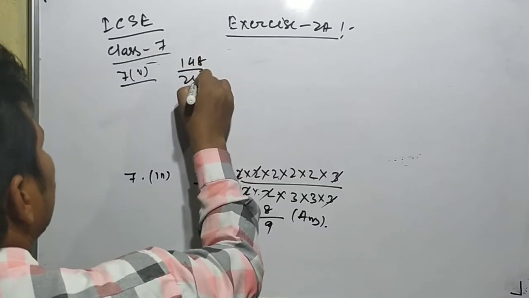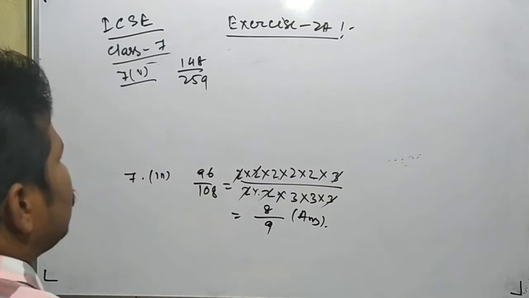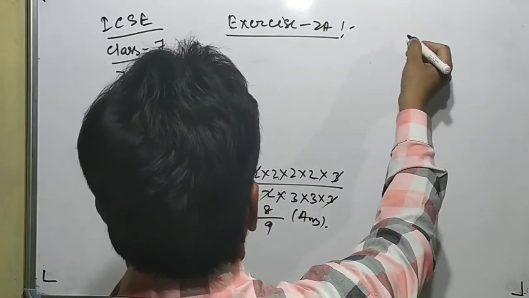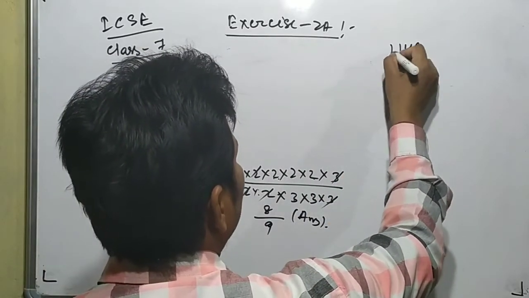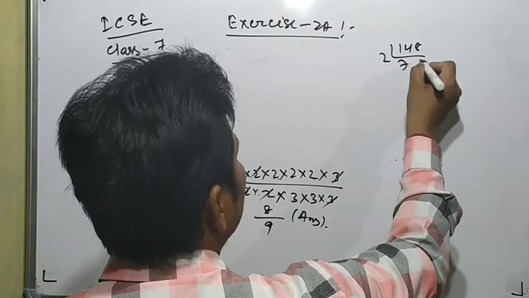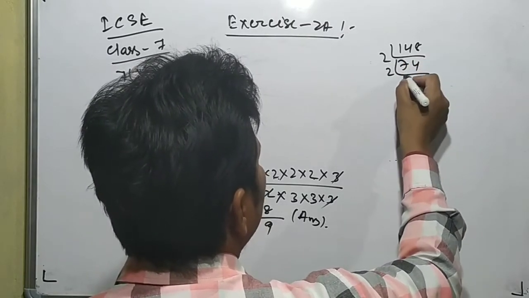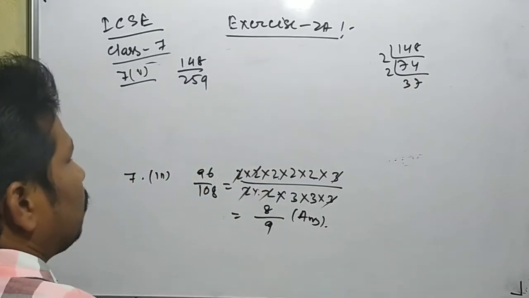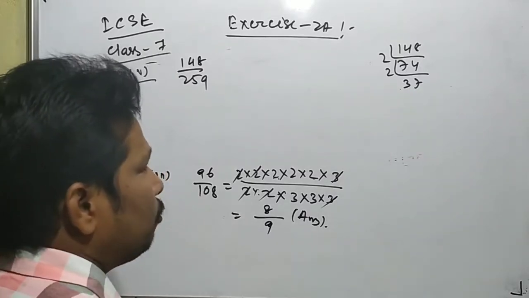Here we have to factorize 148: 2 times 74, and 2 times 37. What is the result? 37. Because 37 is a prime number, we can't reduce it anymore.